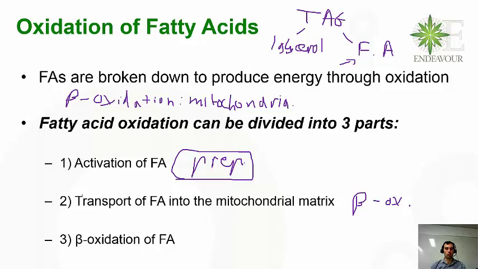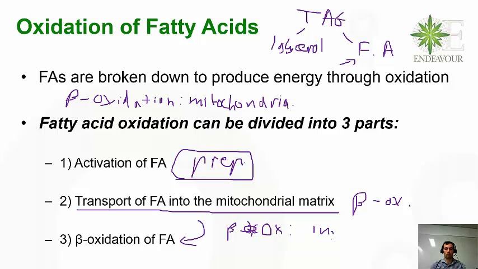So we actually have to transport it to the correct location. And the last part is to actually do the beta oxidation of the fatty acid. So for our beta oxidation, we actually have the input being the fatty acid, specifically the activated fatty acid, and the output is many acetyl-CoA.